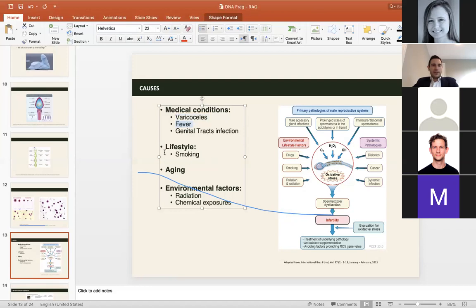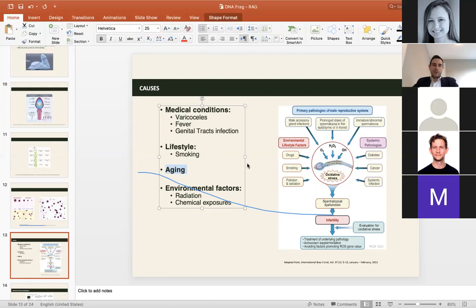For lifestyle, for example, if a person is a heavy smoker or heavy drinker of alcohol or heavy cannabis user, this will also increase the DNA fragmentation because it will increase the oxidative stress. Aging is very interesting because we know that we have a decrease of 1% in semen parameters after the age of 40.